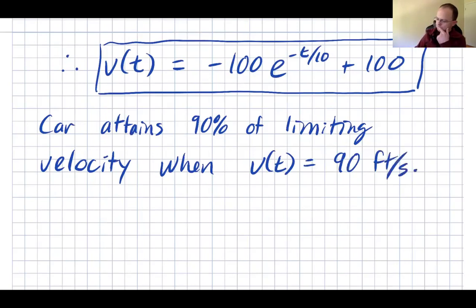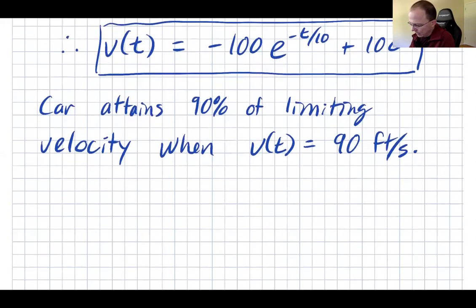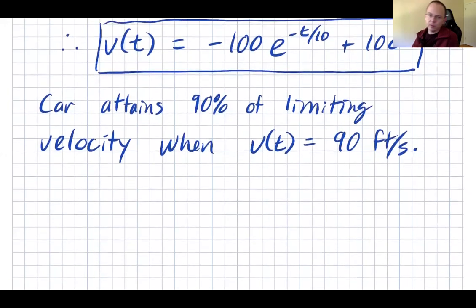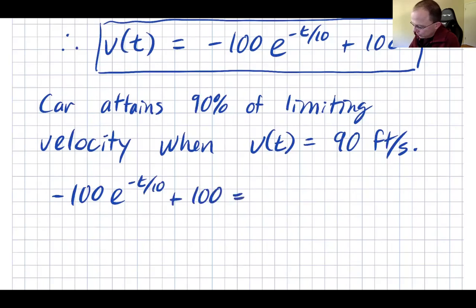Okay, great. All right, so we can solve this. That is 90% of the limiting velocity, so 90 feet per second. So let's find out when that will occur. So we will get negative 100 e to the negative t over 10 plus 100 is equal to 90.